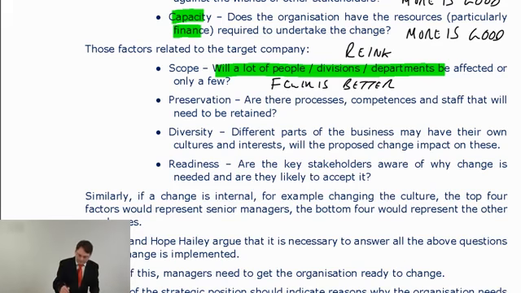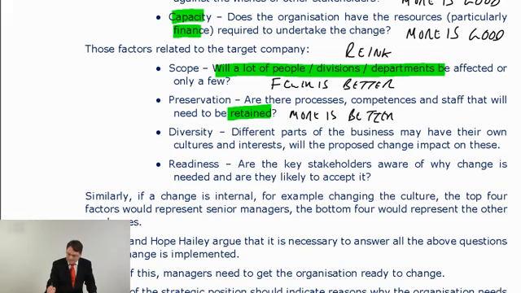Preservation. How much are we going to keep? More is better. I don't like the way that Balogun and Hope Haley have said that, so I'm just going to put in brackets fewer changes. The more you keep, the less you're changing. Same thing in a different way.